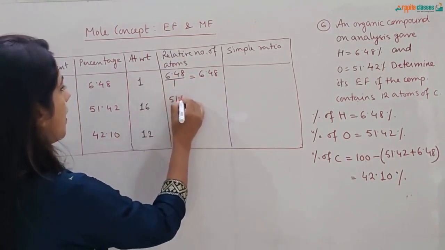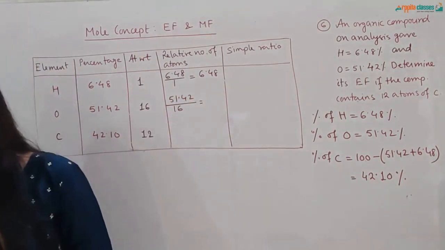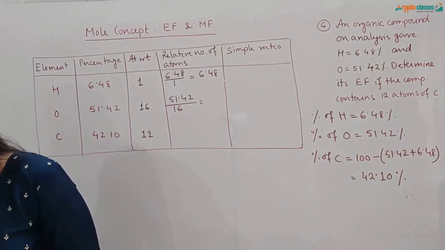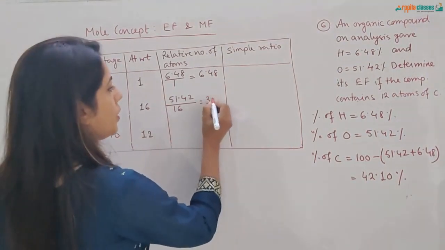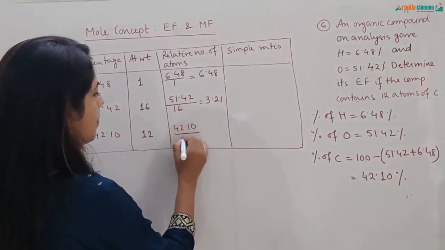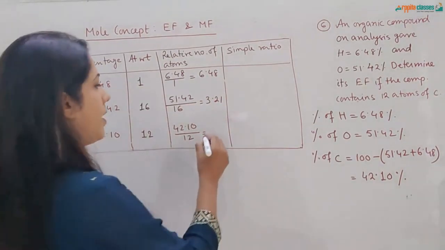Here it is 51.42 upon 16. Let me check the calculation. It is coming 3.21. And here it is 42.10 upon 12.